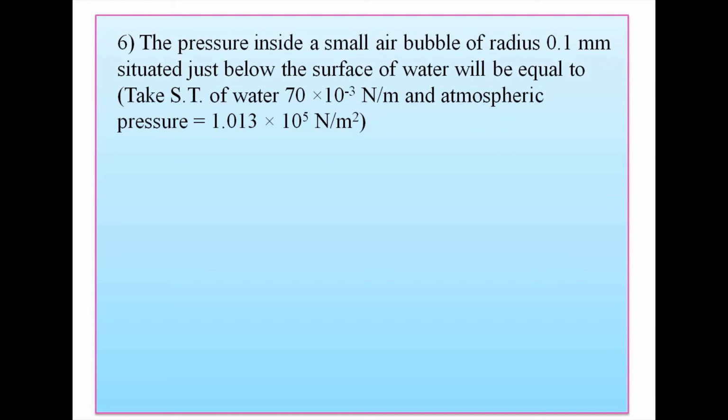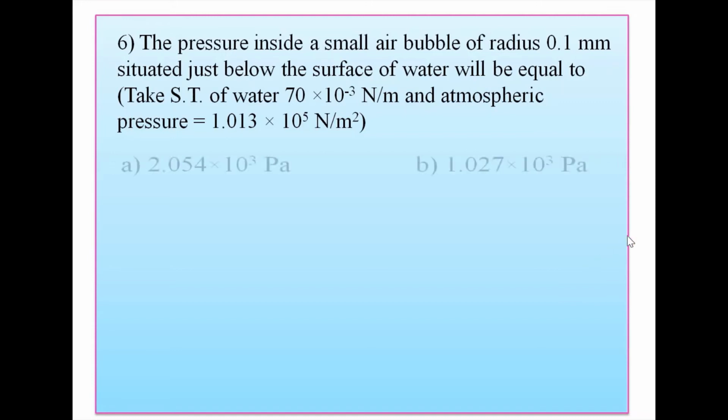The pressure inside a small air bubble of radius 0.1 millimeter situated just below the surface of water will be equal to. Take the value of the surface tension of water as 70 into 10 raised to minus 3 Newton per meter, and the atmospheric pressure as 1.013 into 10 raised to 5 Newton per meter square.